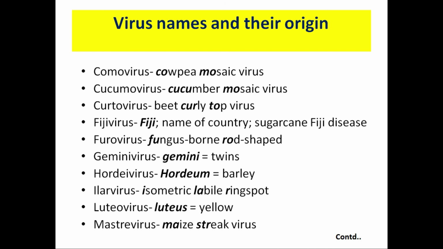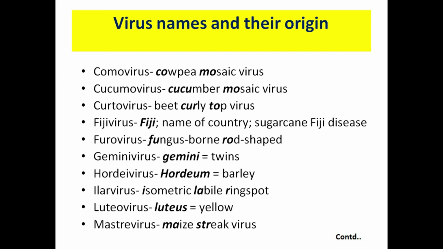Furovirus, fungus-borne rod-shaped virus. Geminivirus. Gemini means twins. We see that two icosahedral particles are joined together to form a twin particle. So the name Geminivirus. Hordeivirus. Hordeum means barley.